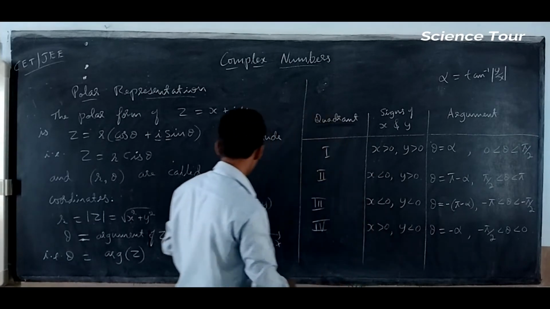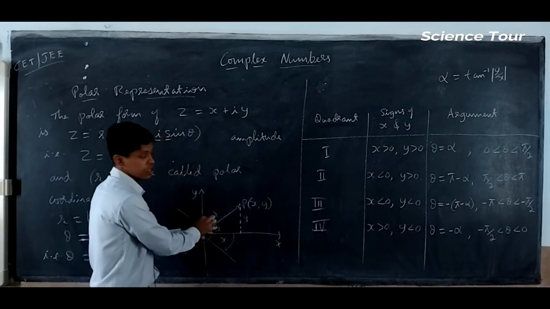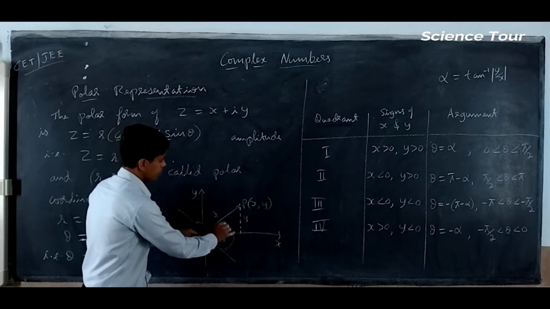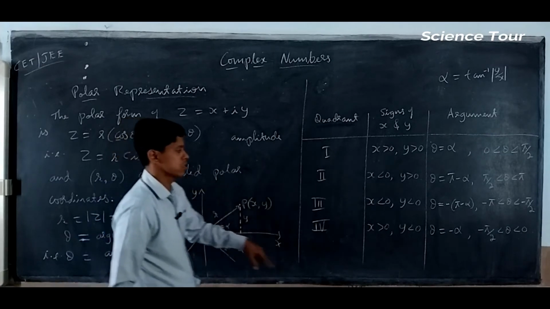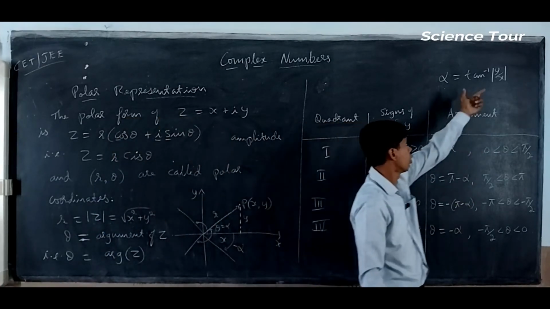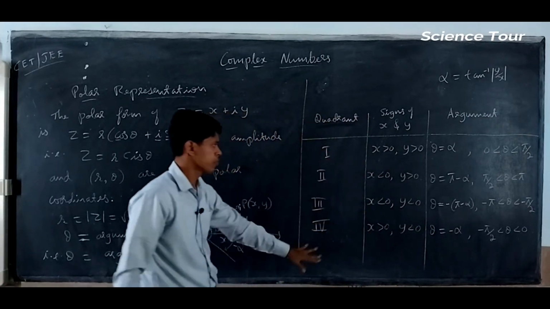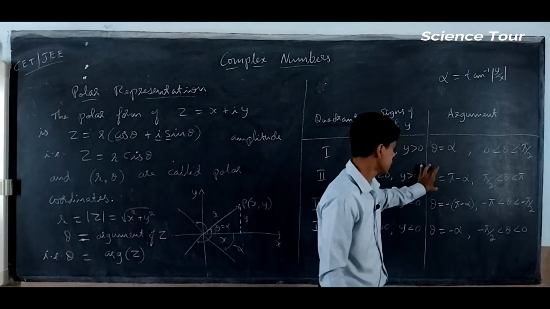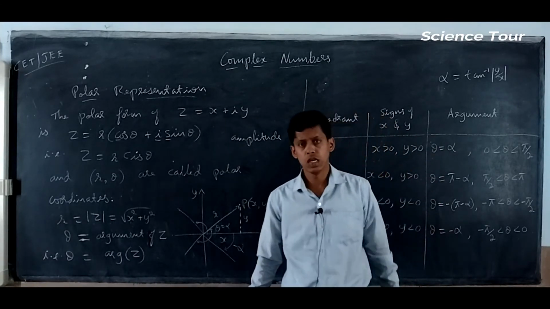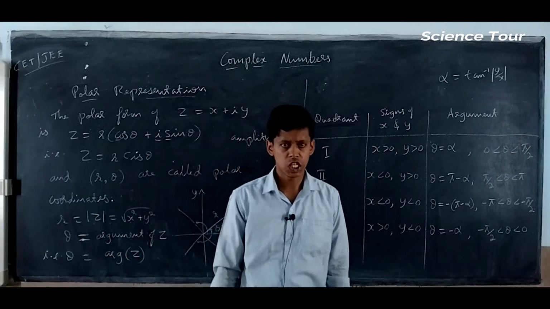And if it is in the fourth quadrant, then here theta is alpha, and if you are coming back it is minus alpha. So these are the four formulas that you have to remember, specifically for any problem based on polar representation.